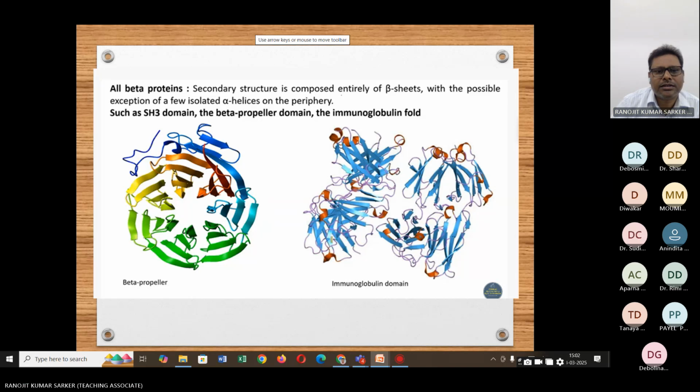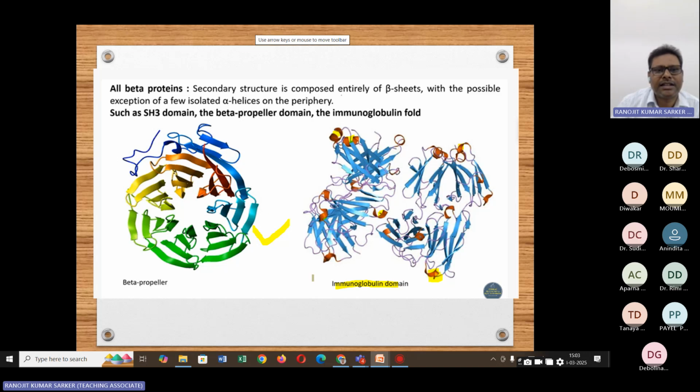Look into its structure very critically. There will be no alpha helix. Now look at the immunoglobulin domain structure, you might be misguided. These might look like helices, but they are not. They are some small coiled regions, not at all helix.